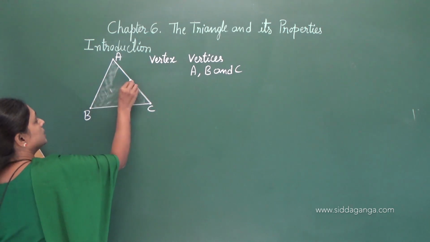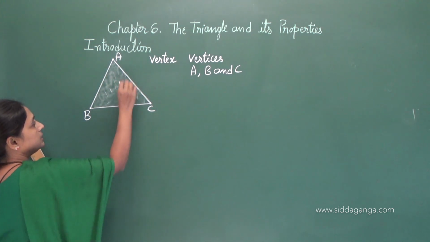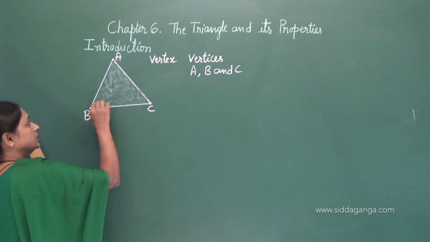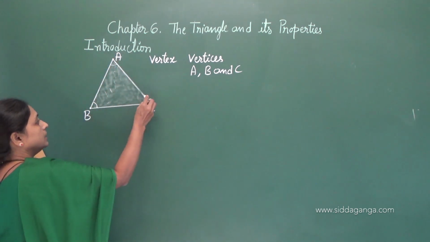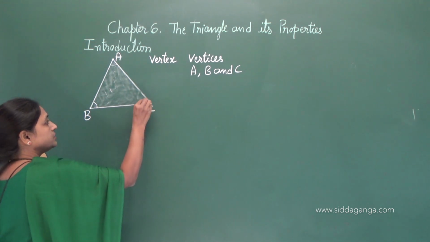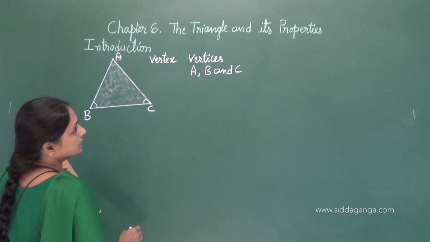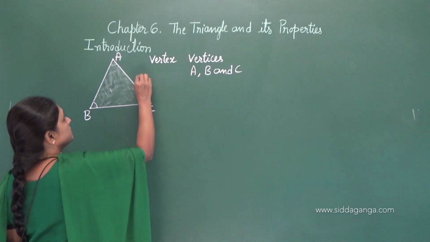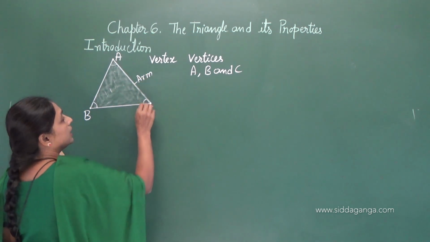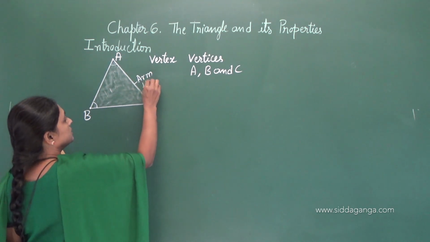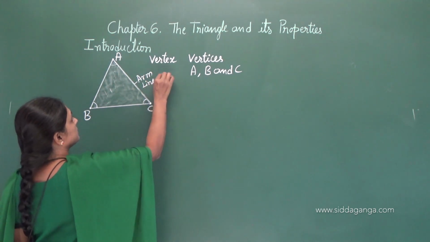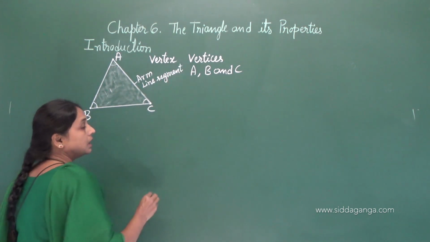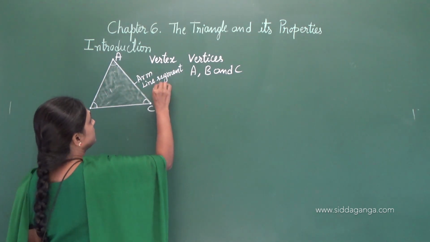Okay, then here we can see three line segments and three vertices A, B, C, and the space which is formed here is called a corner. This is called a corner. These are called arms, or line segments, the sides of a triangle.